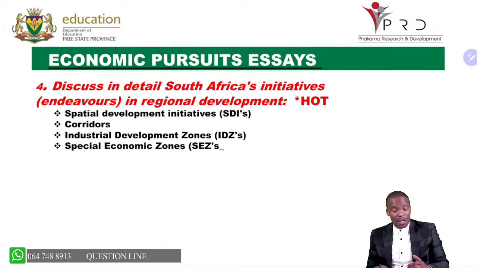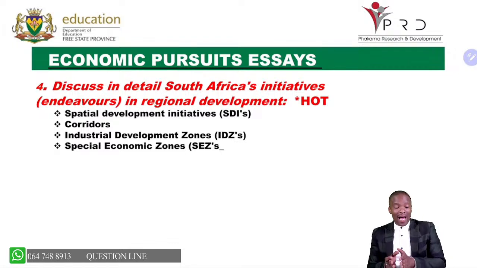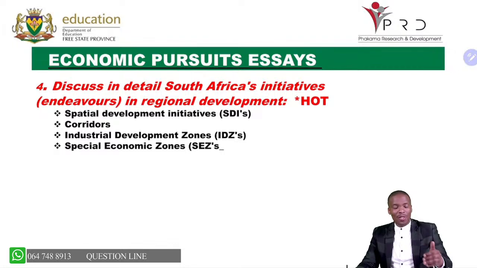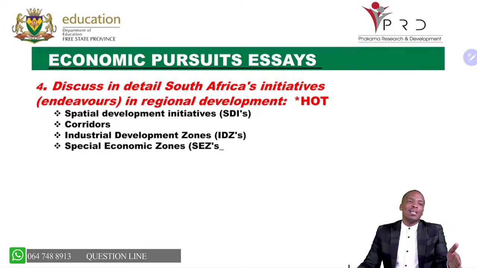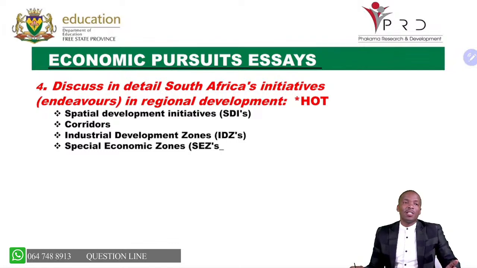So in this essay as well, think of the shortcomings: why all the IDZs were converted into SEZs. The IDZs, or industrial development zones, were only situated next to airports and harbors. So in an area where there's no airport or harbor, there was no way an IDZ could be established.